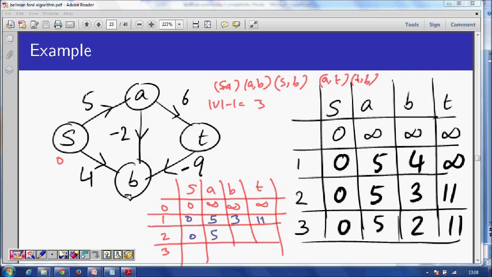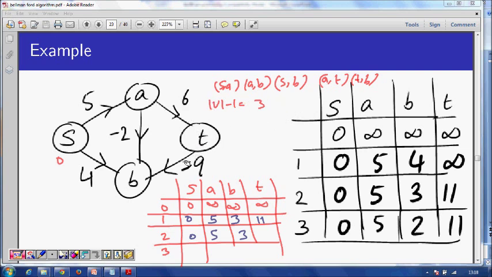In B, again A to B I go, so A is 5 and the edge is minus 2, so 3. This is the same here, so it will remain the same. S to B, if you go, it is 4 and it was already 3, so no update is needed. T was 11.